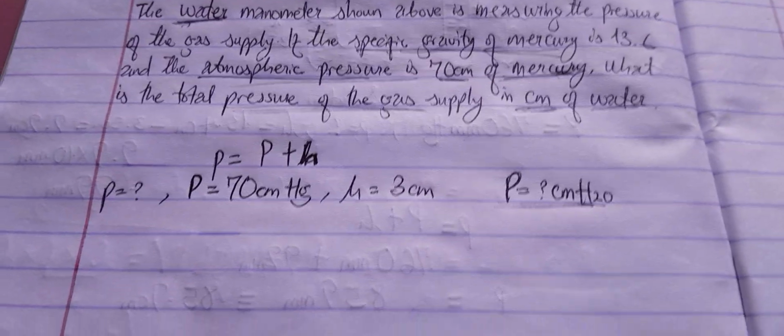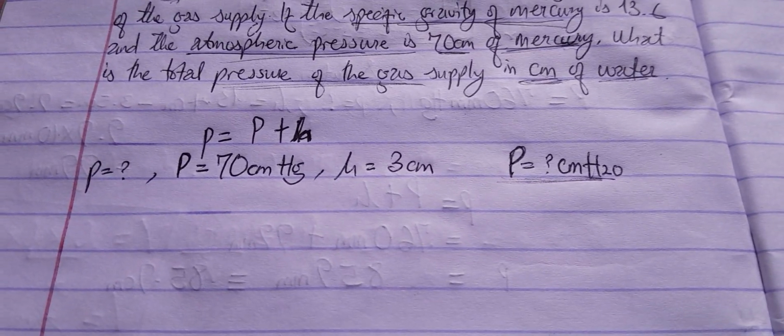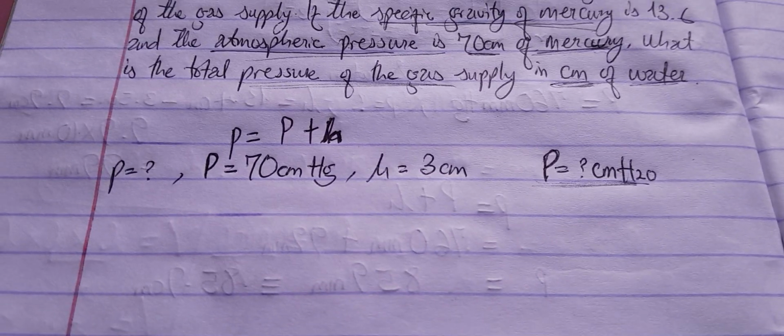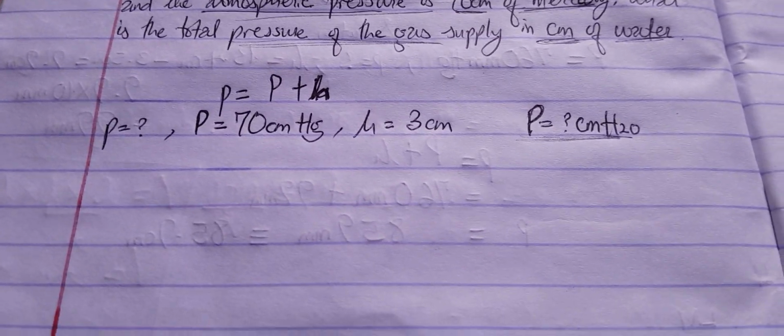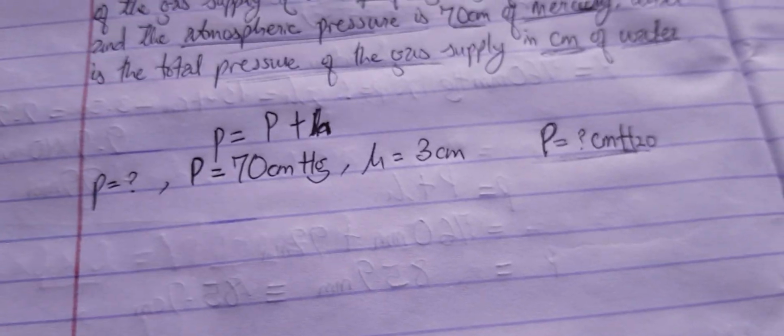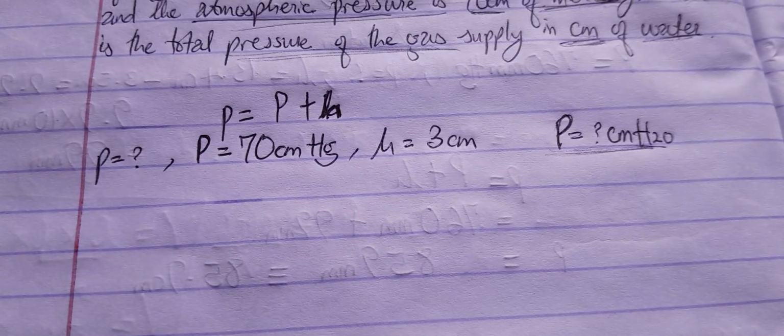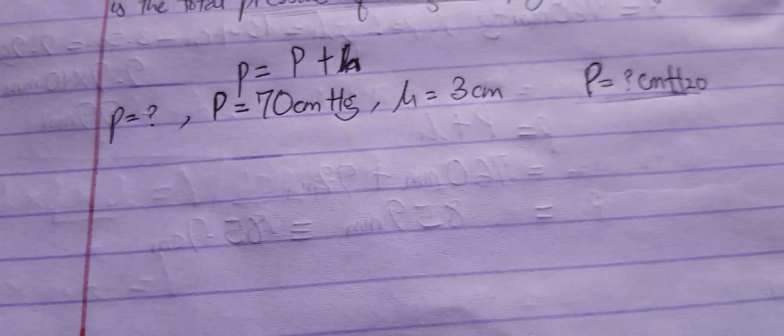In physics, there is what we call relative density. Relative density is relating any other substance to water. It's a constant formula. Relative density is relating any substance to water, and it has a formula.